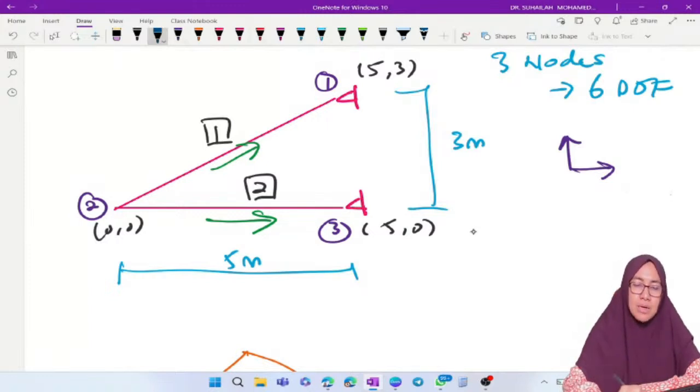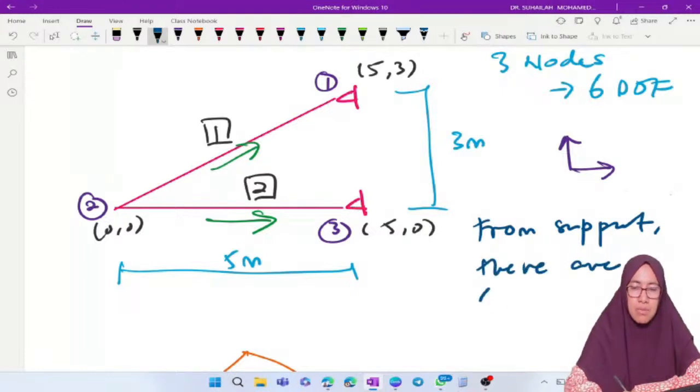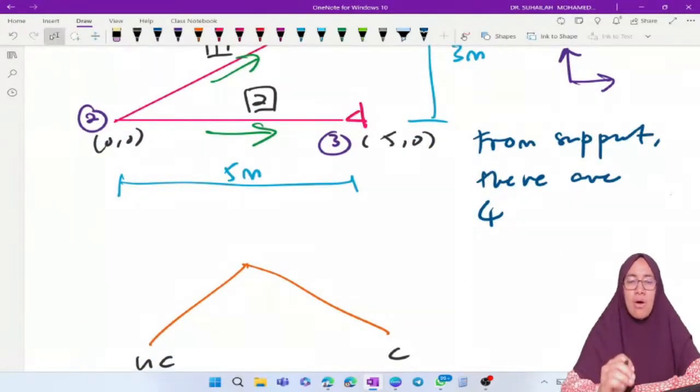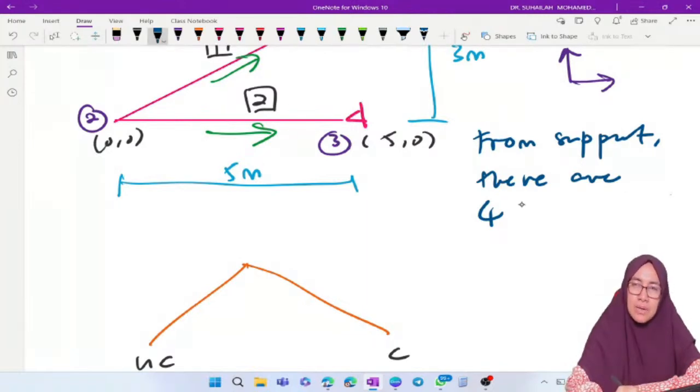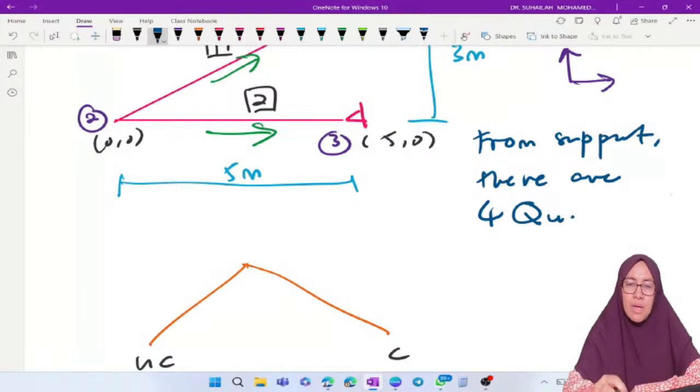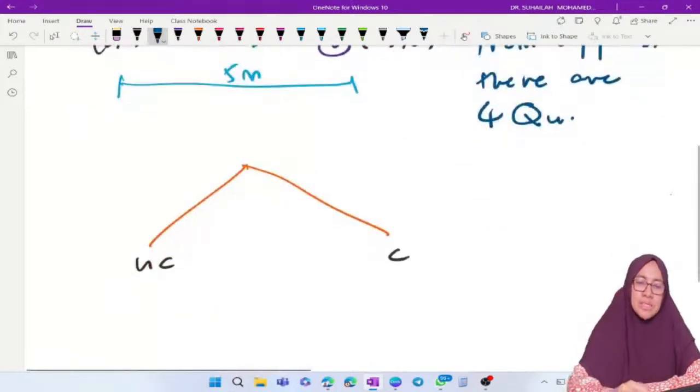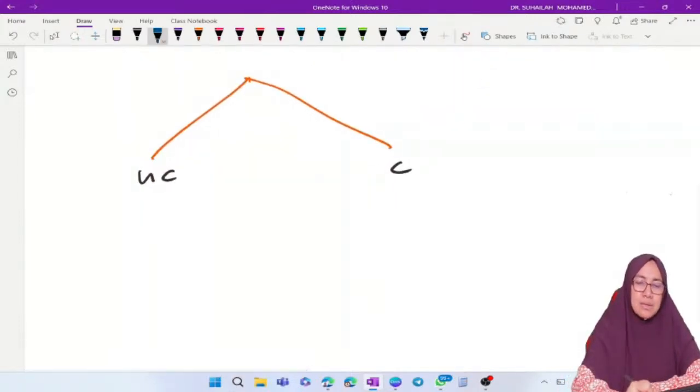From the 2 pin supports, there are 4 unknown reactions, which means there are 4 here.